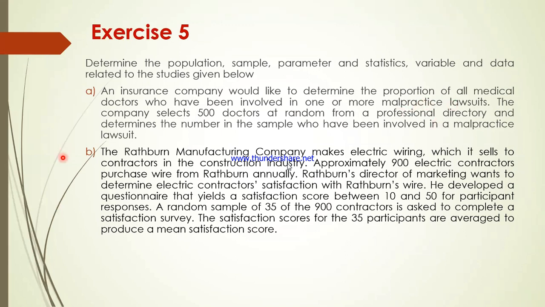Right? So what is the variable? Whether a doctor has been involved in one or more malpractice lawsuits. And the data values for this variable will be yes or no. Right. Now read the second thing.